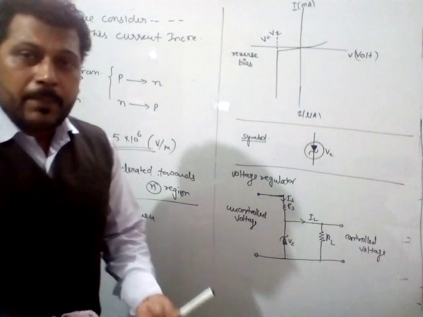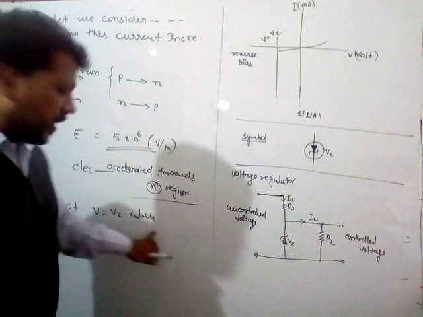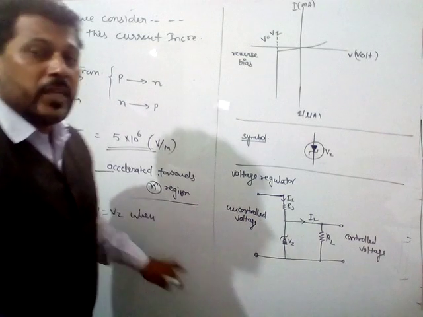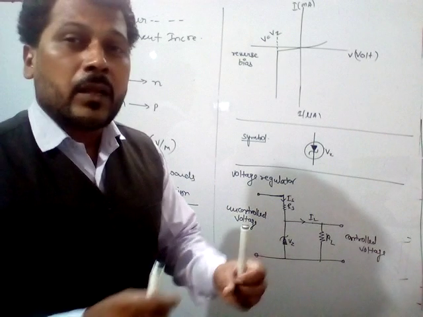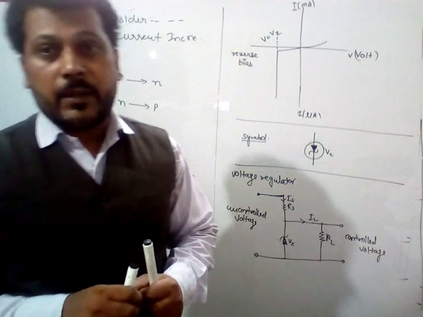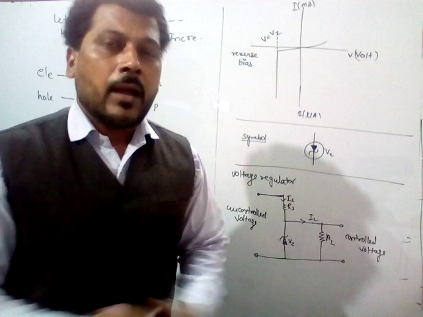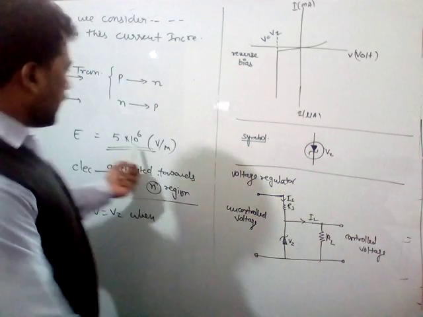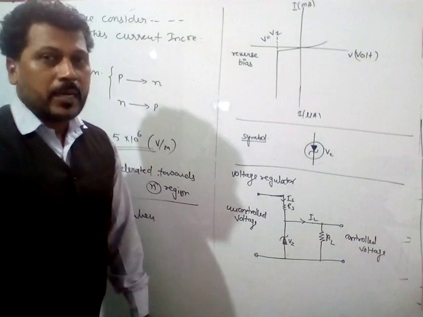That suitable electric field at V equals Vz, which is suitable for withdrawing the electron from the host atom, is known as internal field emission or internal ionization field. Its order is 10 raised to the power 6 volt per meter.